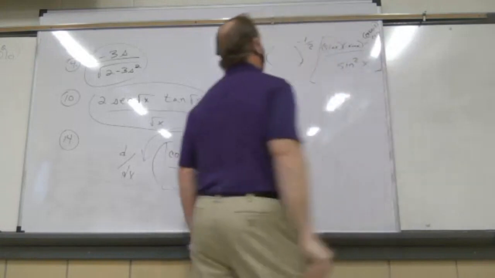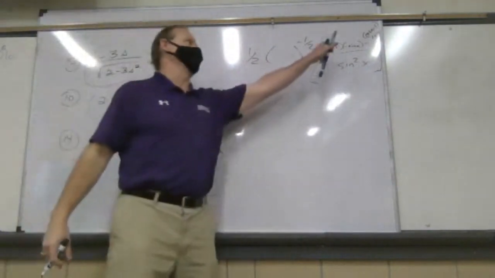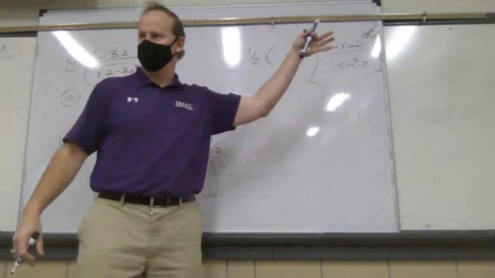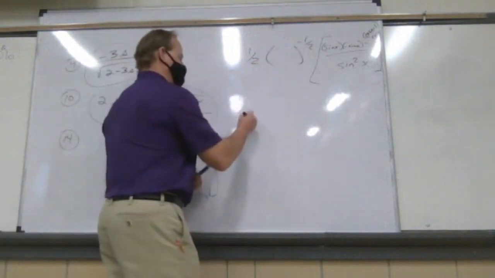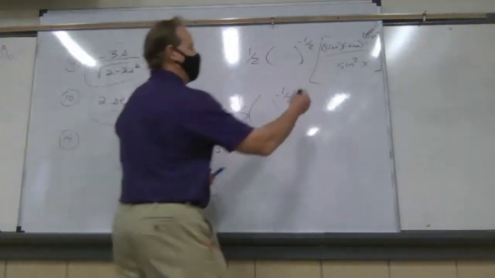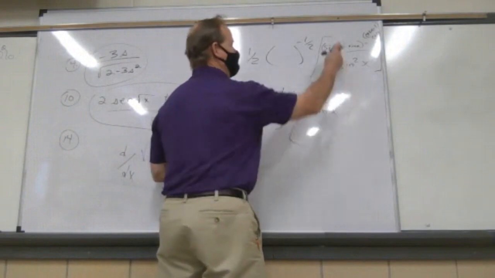Got that? And then what do I need? So basically, what I really want to do is simplify that. If this is a test, unless I say don't simplify, we want to try and clean this up, make it a little bit better. So it's 1/2 that thing to the minus 1/2 power, this blue thing here. Anyway, here I've got minus sine squared x, right?